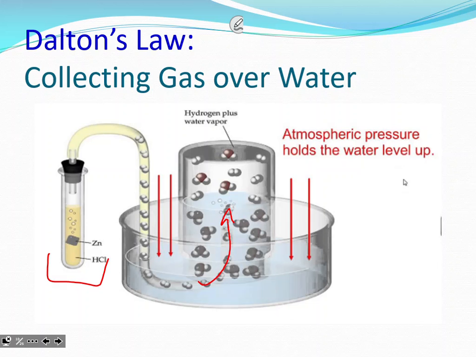The problem is, as the gas is collecting and pushing the water down during water displacement, there is a little bit of vapor pressure in there from the water. And so when you're collecting your certain product of gas, you don't want to know how much of it is from the water. You want to subtract the water out so you get the pressure only exerted by your gas. It's a very simple alteration to the Dalton's law of partial pressures.